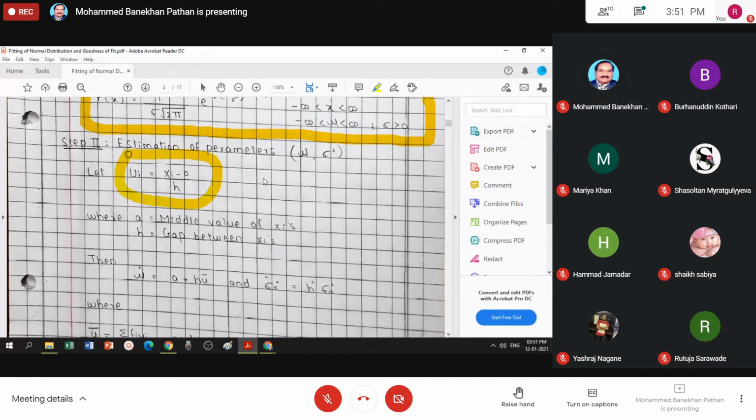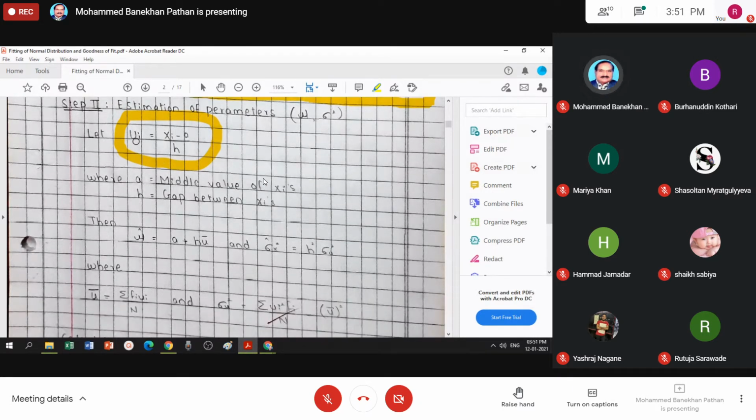Because if you make the calculation with the original variable, the size of the calculations is large. To reduce the calculation size, we apply this method, which is labeled as change of origin and scale. So we have the benefit of defining a new variable by using the old variable x. This new variable simplifies calculations.